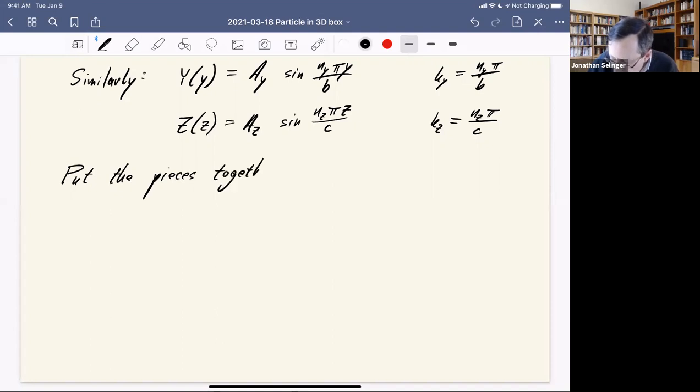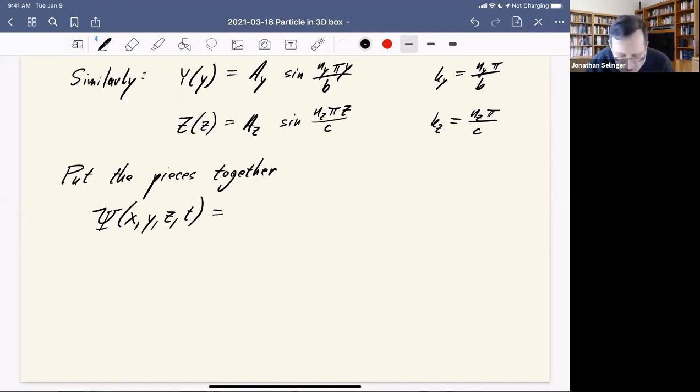And we will get a solution psi of x, y, z, and t.